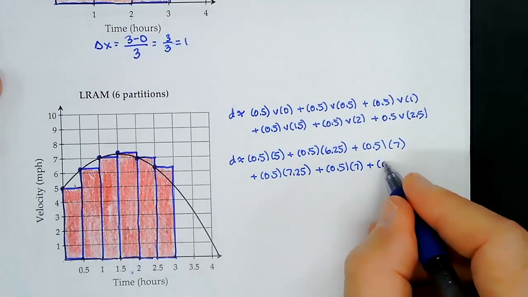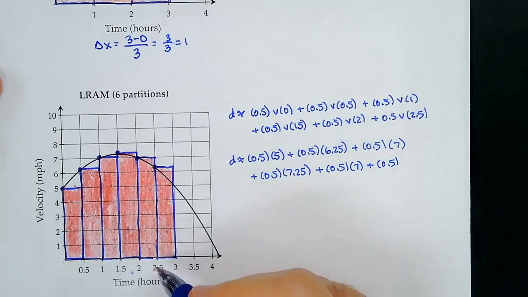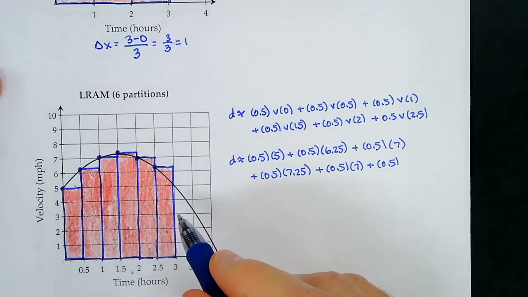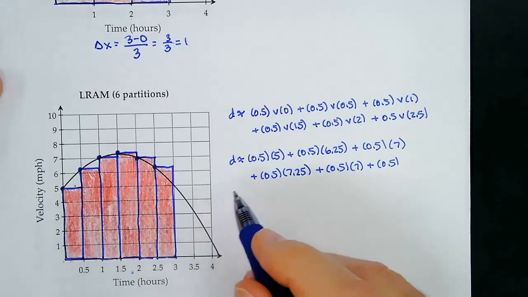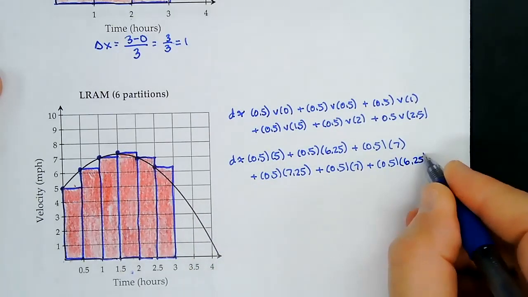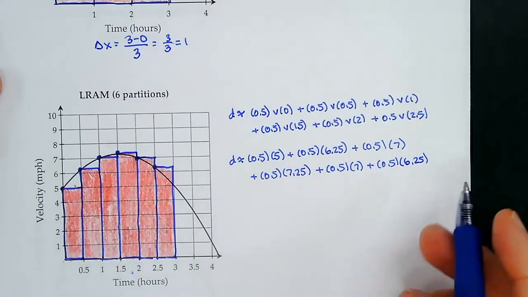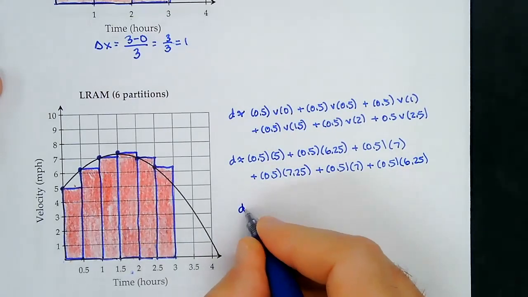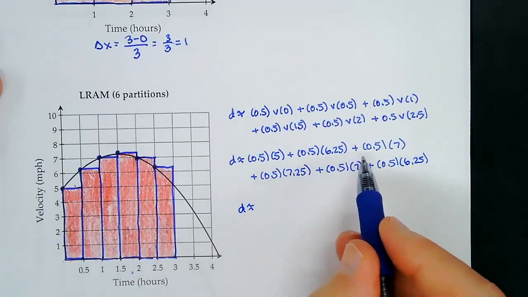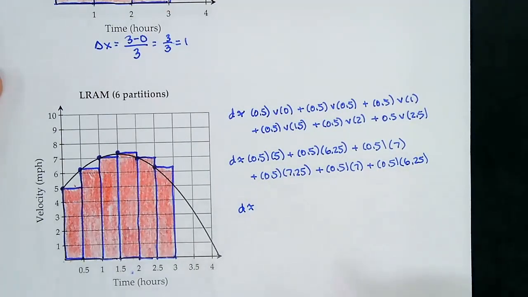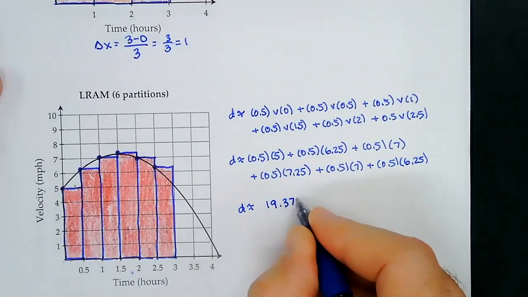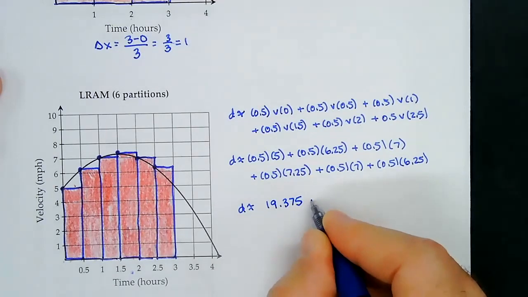And then 0.5 times v of 2.5, and v of 2.5, we can't read it off the graph, but if we put it into the velocity function from above, it turns out to be 6.25. And we put these in our calculator, okay, and we get a distance, 0.5 times 5 plus 0.5 times 6.25. We just put all those into our calculator, and we wind up with 19.375 miles.